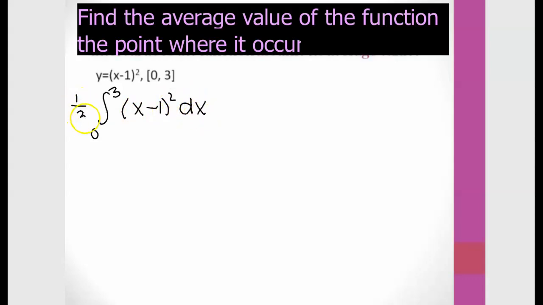Average value says we have to divide that area under the curve by 1/3. Now, can we take an integral of something that is currently a function squared? No, we have to FOIL it. So we can't currently use our reverse power rule for this.